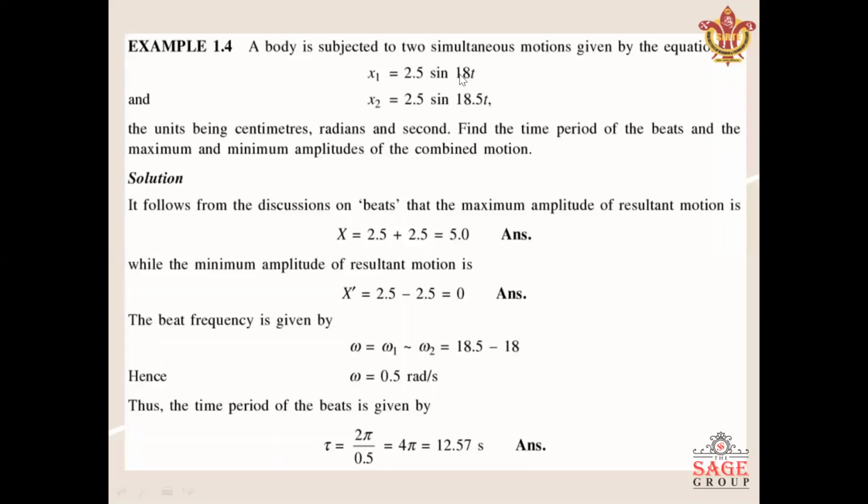So we are clearly getting the difference between the frequencies. Omega 1, the first frequency, is equal to 18 hertz, and omega 2 is 18.5 hertz, and amplitude A is 2.5 and amplitude B is again 2.5.